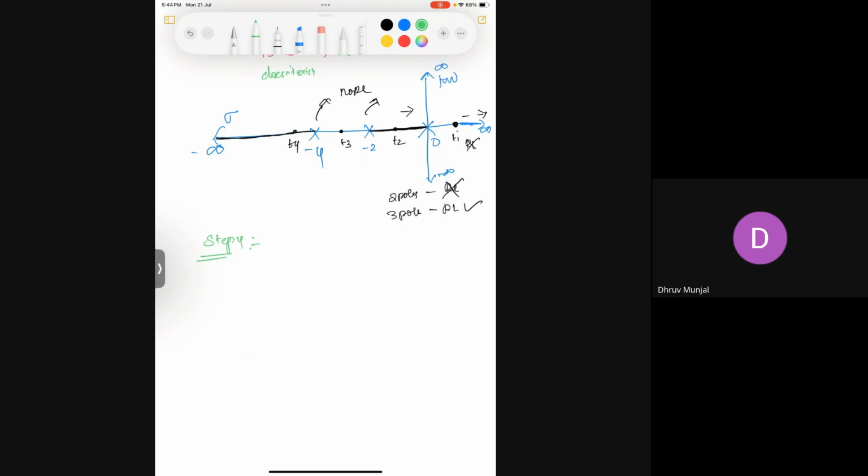Let me explain it here. The rule in root locus is, if there are 2 poles, then the root locus will separate from here, in this direction or whatever direction; the angle might differ. If there are 2 zeros, then the root locus will come inside.